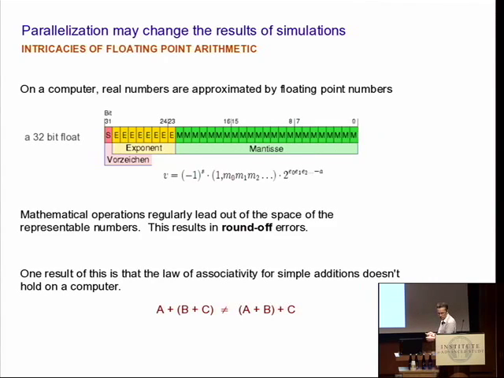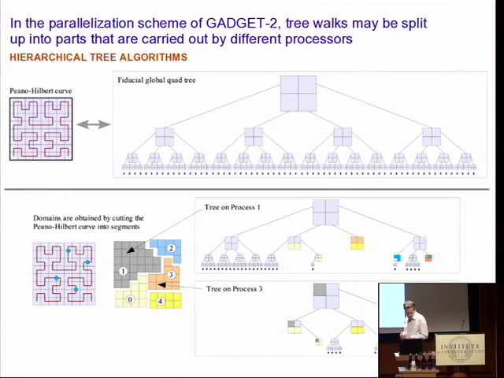Sometimes you're lucky and it holds exactly, but in general, if you have three numbers and you add B and C first and then A, you get a different result than if you add A and B and then C. And so sometimes just by changing the order, depending on what the values are, you can get very large errors in one version, and in the other, the error can be substantially smaller. And if you know about this, then it's of course useful to exploit this.